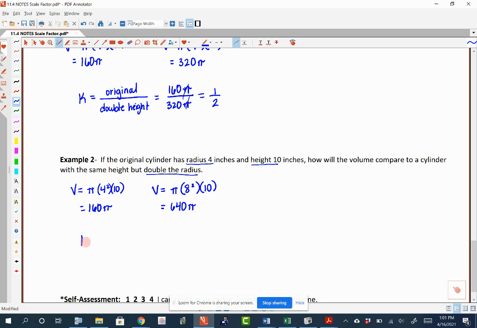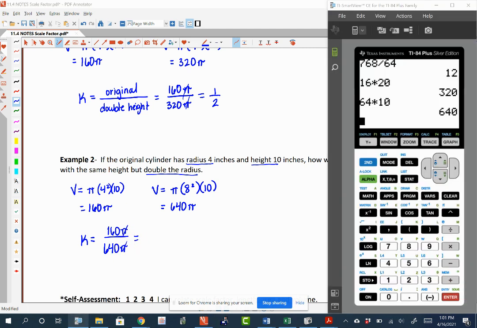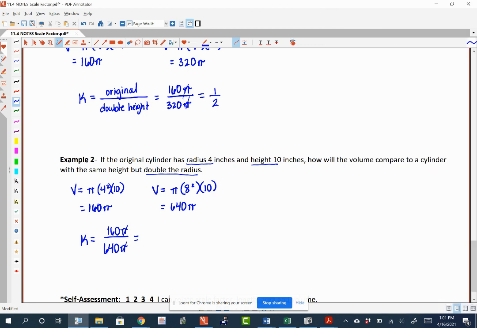So to make our scale factor, we're going to take that original, which was 160, and compare to our new. So again, those pi's will divide out, and we're thinking how many times does 160 divide into 640? So it's going to divide in there 4 times.